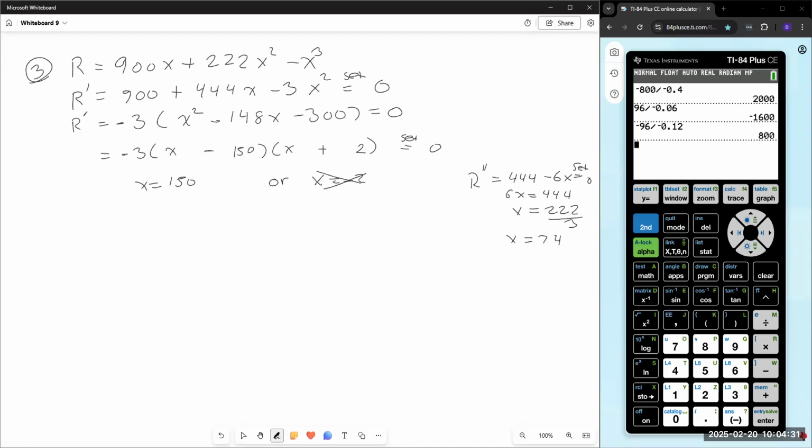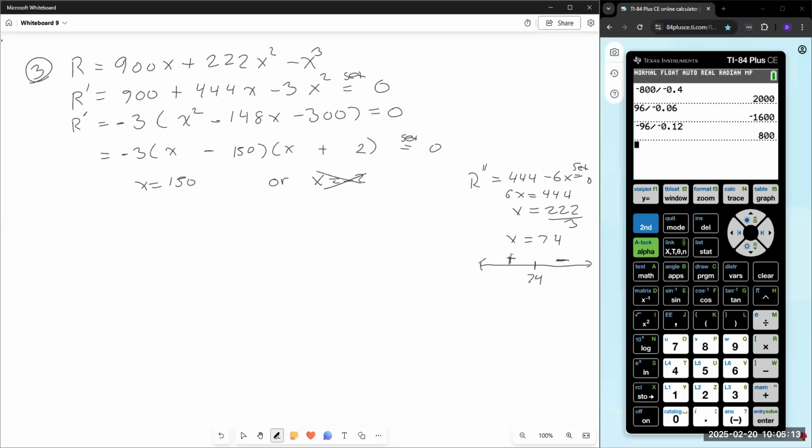So here's 74 units, and to the left of that, like when x is 0, we get 444 minus 0. That's a positive number, meaning that anything less than 74 would give us a local minimum. To the right of 74, like 100, 444 minus 600 is going to give us a negative number, meaning that there would be a local maximum to the right of 74.